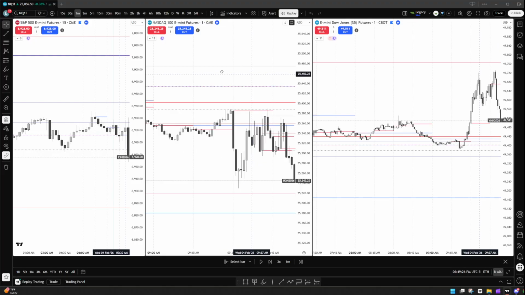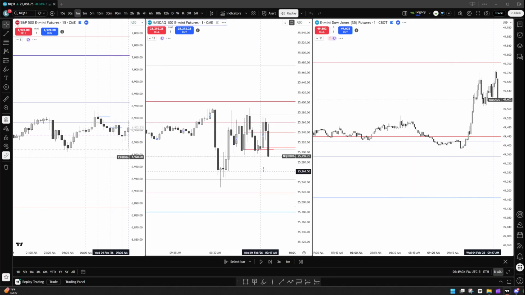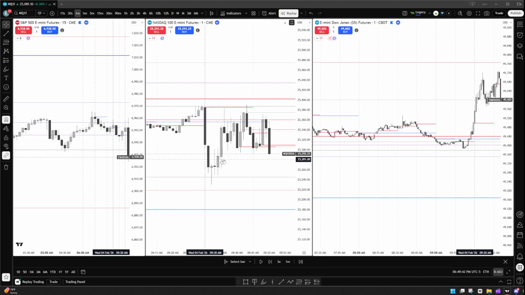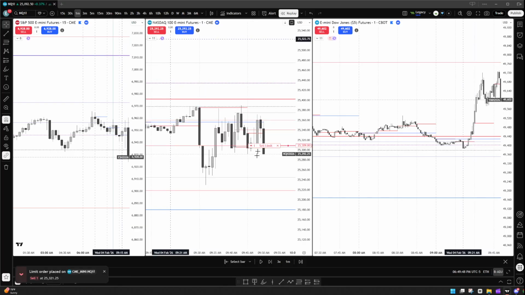For me, I entered here on 51. Let me see here. Yep, so I entered. I didn't limit, I marked it in, but since I don't want to get a bad fill, I'll just show you.